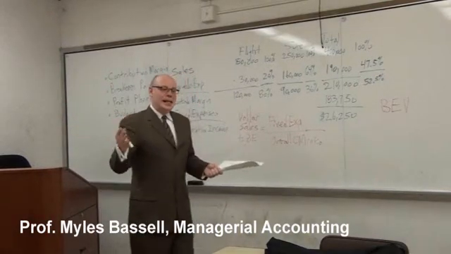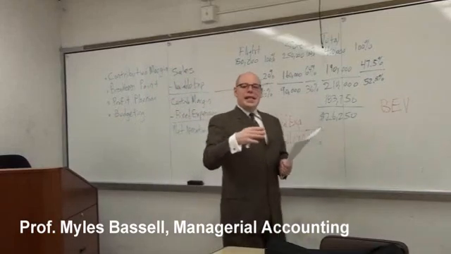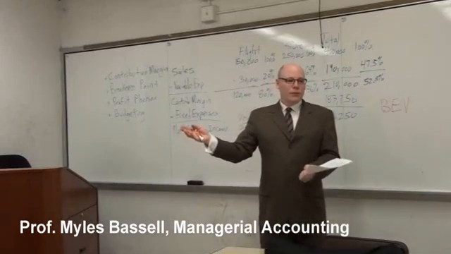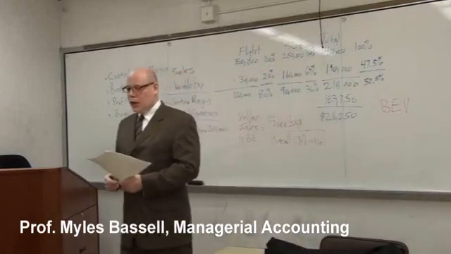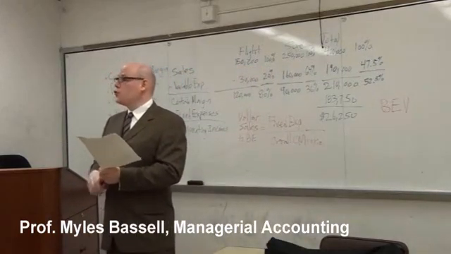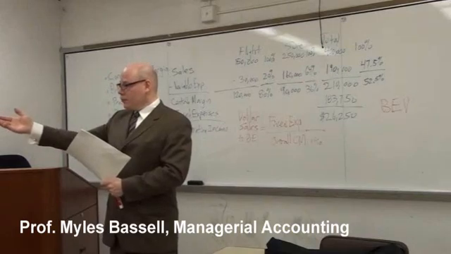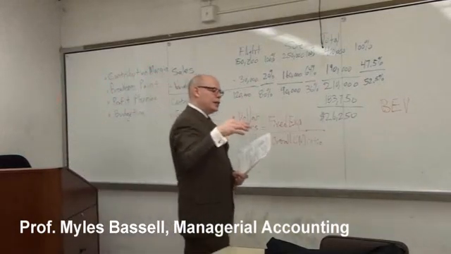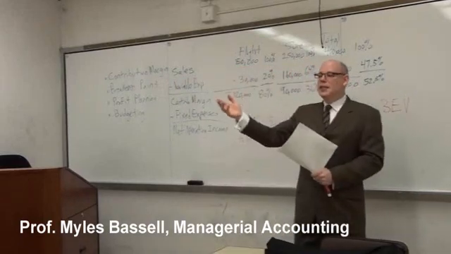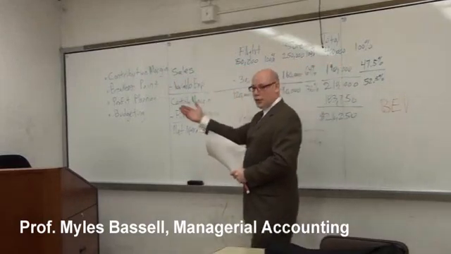So if we find out that the break-even volume is 10,000 units, then maybe we say, well, that's realistic for us to pursue that opportunity. Because the market might not be 10,000 units, it might be 10 million units.